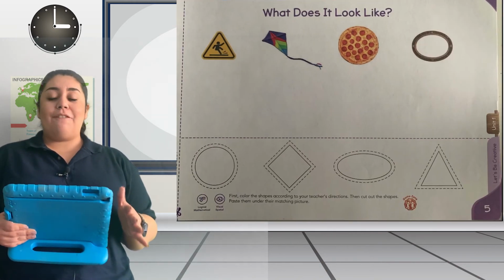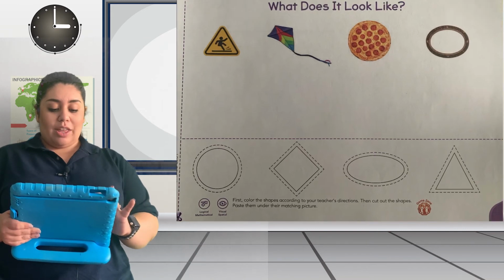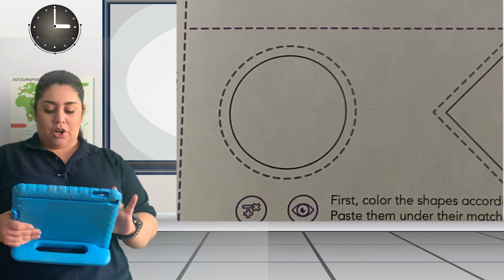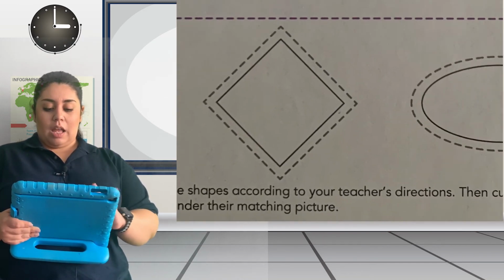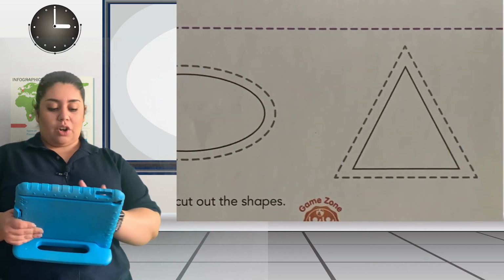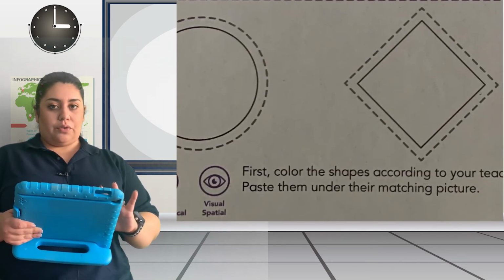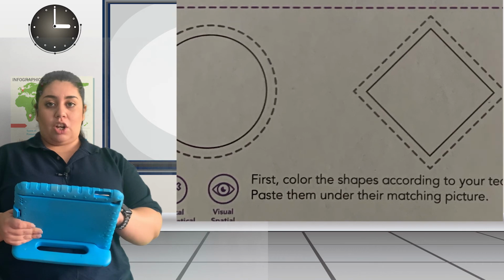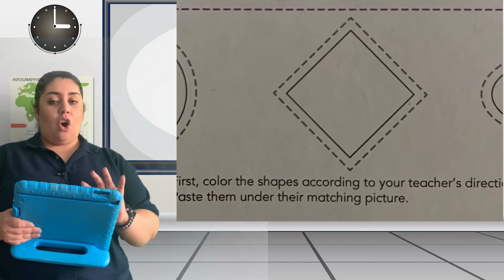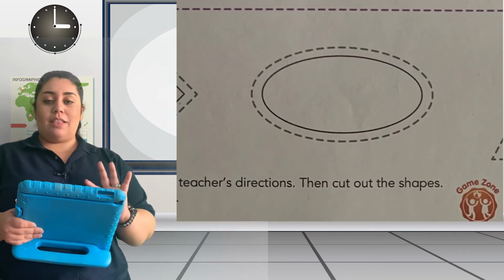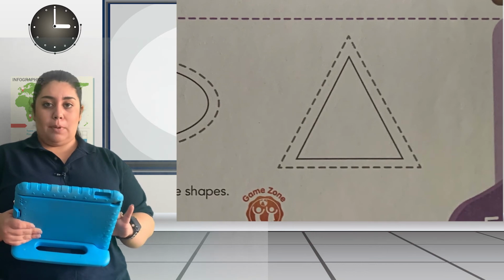Well, what we have to do is to color these shapes over here. The circle in color red, the diamond in color purple, the oval in color orange, and the triangle in color blue.